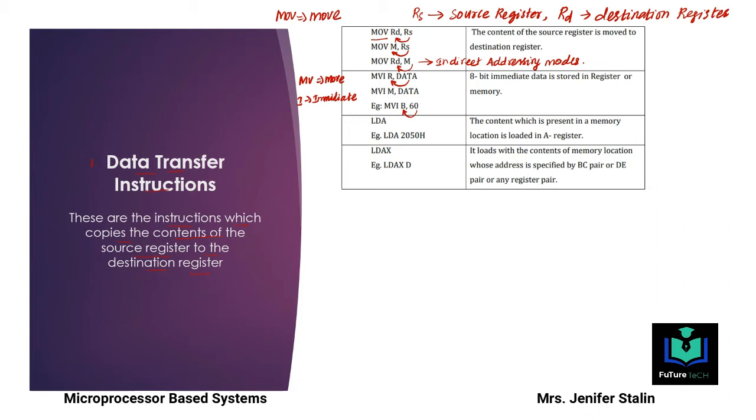The data can also be moved to the location pointed to by the memory pointer with the help of the HL register. Let's say MVI M, 05. At the end of this instruction, the data is moved to the location the memory pointer points to, the register pair HL.